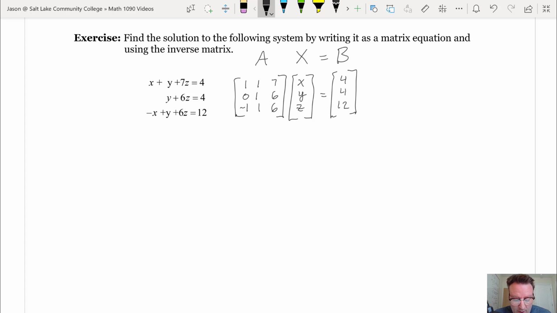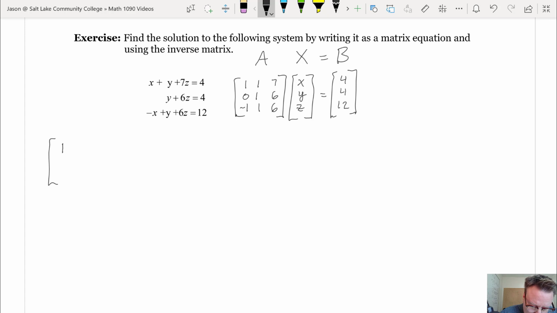To compute A inverse, we need to augment the coefficient matrix with the identity matrix and then do Gaussian elimination on it until we have the identity on the left-hand side, and then we'll have the inverse on the right-hand side. So what do I mean? I mean this.